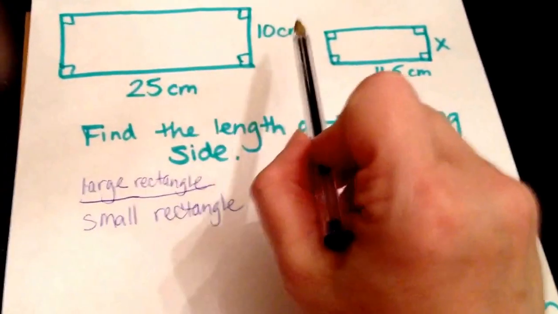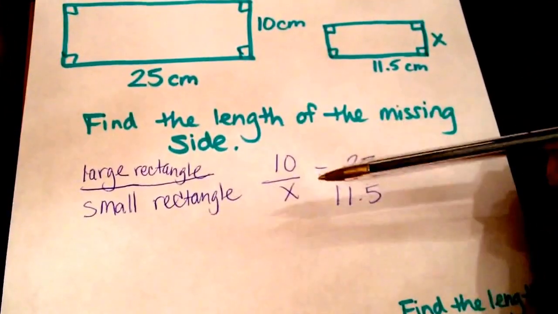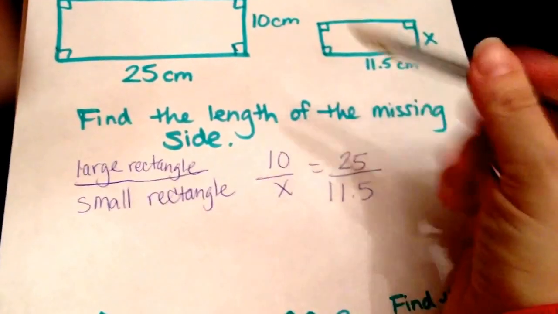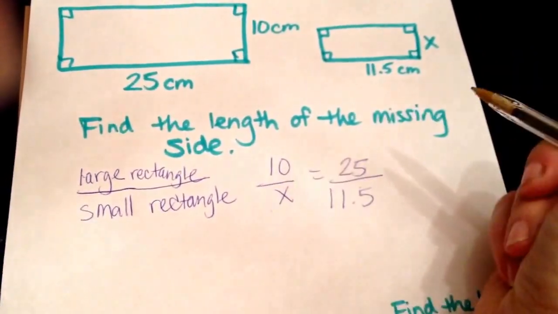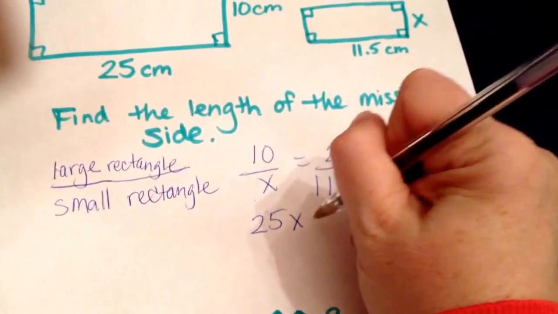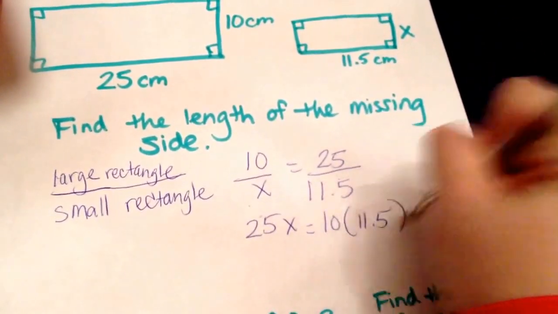Again, if we set it up differently, we're still going to get the same numbers that are our cross products. They would just be listed differently, but we're still going to be multiplying the same numbers together. So we multiply going across, so 25 times x, 25x, equals 10 times 11.5.